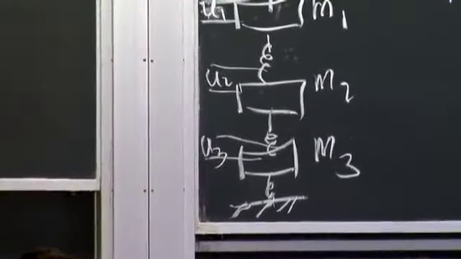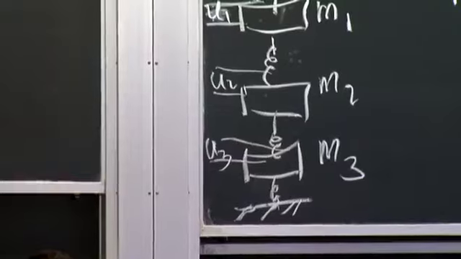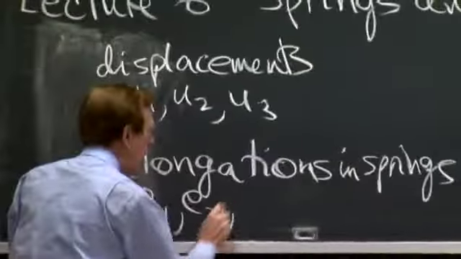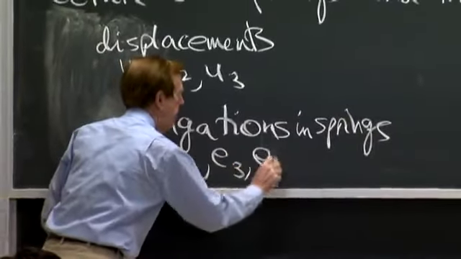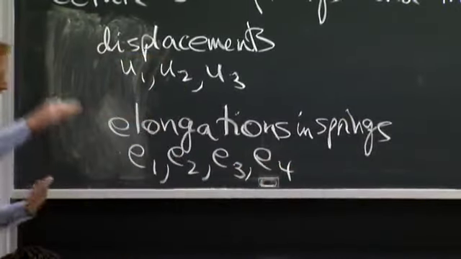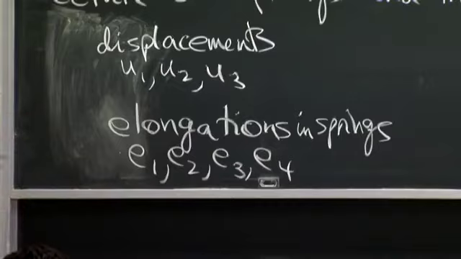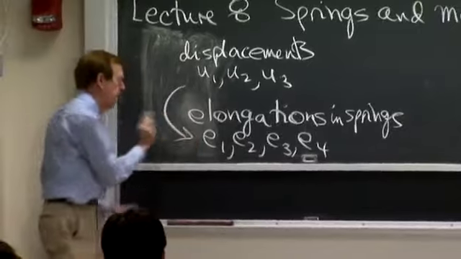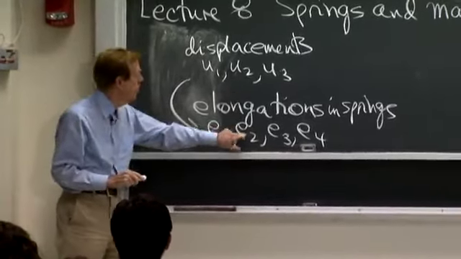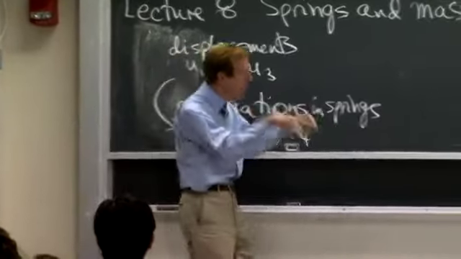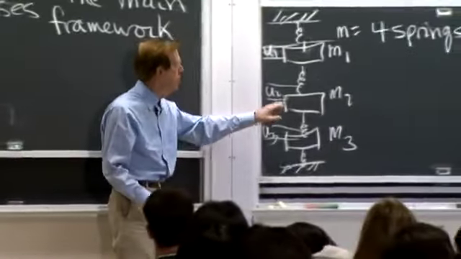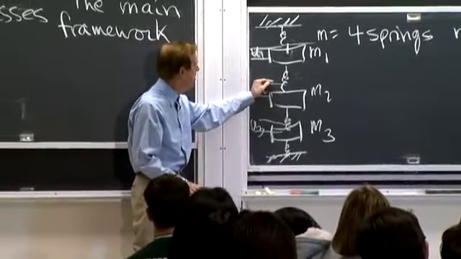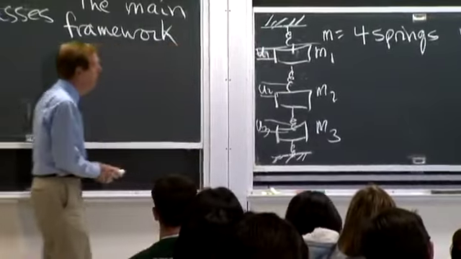It looks to me like this last spring, at least, is going to be compressed, and I'm not sure about the others. So we've got 4 springs, and each one has a stretching or compression, elongation, and then there's a link. You already told me that E2 is, from the picture, the difference between U2 and U1.